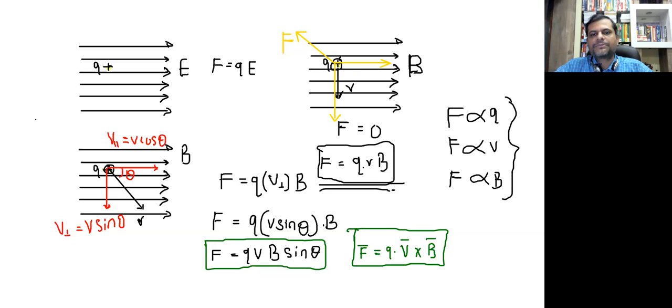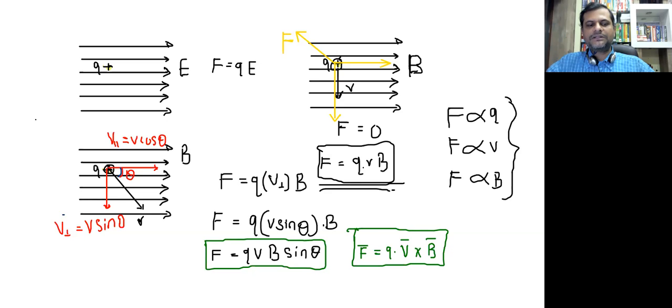If the particle is moving perpendicular to the magnetic field, then it experiences maximum force, which is given by qvB. But if the particle is not moving perpendicular, but at some angle theta to the magnetic field, then the velocity of this particle can be resolved into two components, one v cos theta and the other v sin theta.